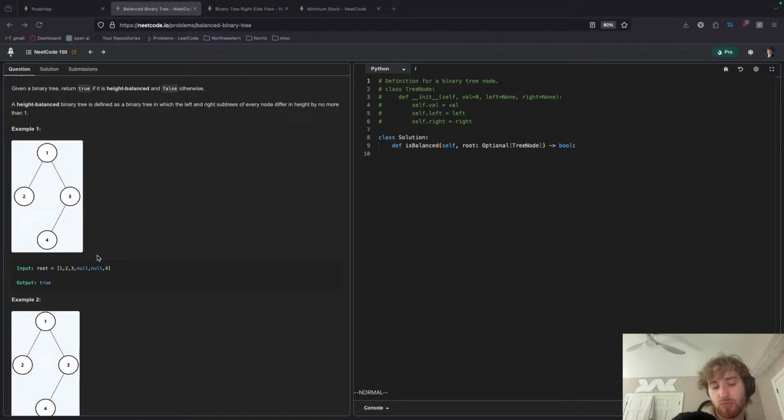I'm gonna try it first by doing the DFS with the height computation at every node. I'm not too sure of another way to do it. So.